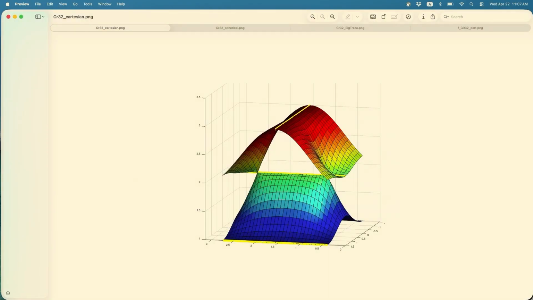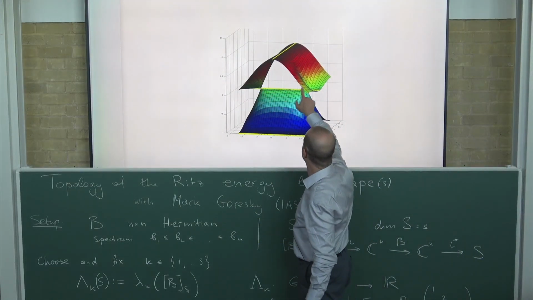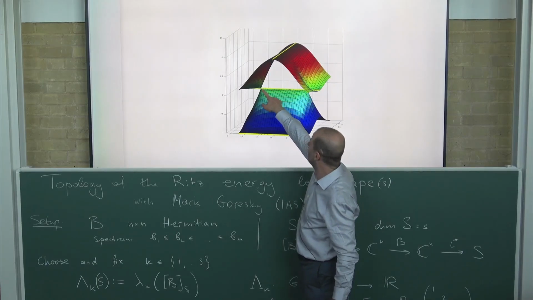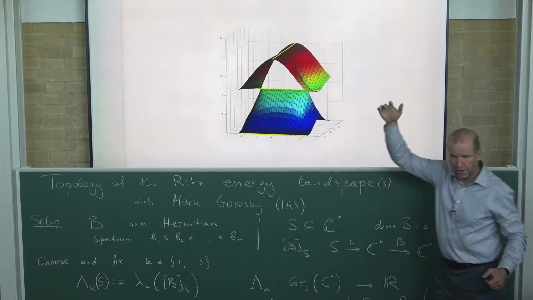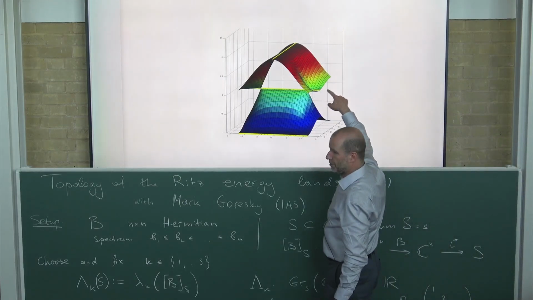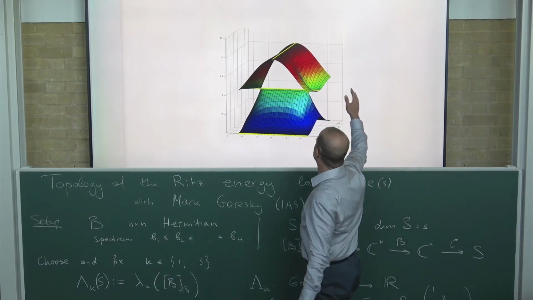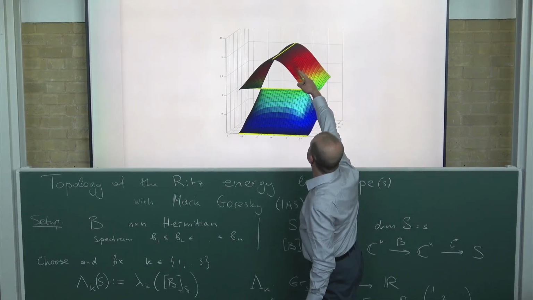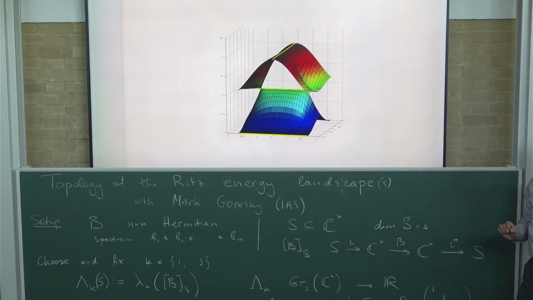The maximum is here, also a line, but it ends. It's not a full line. It has endpoints where it starts colliding with the top eigenvalue. Now this line continues as the minimum of lambda 2, and the maximum of lambda 2 is another line which is actually a circle.